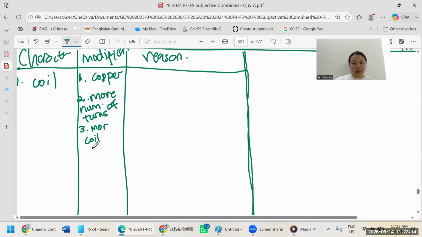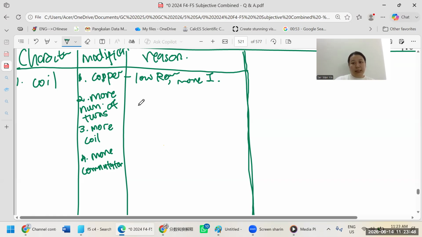Like number four, more commutator. Why? I think you all know that more resistance, more current flow. By the way, in this one, you all need to write the full name.